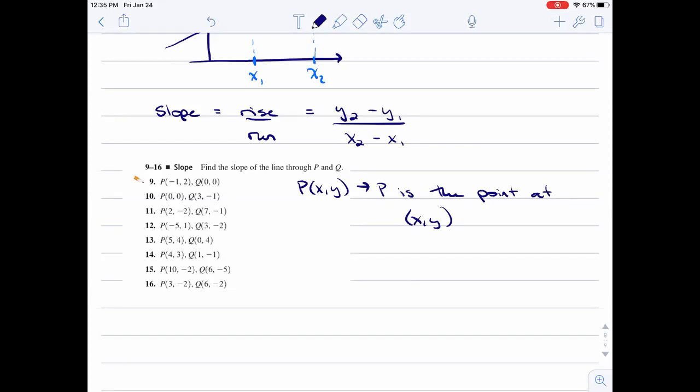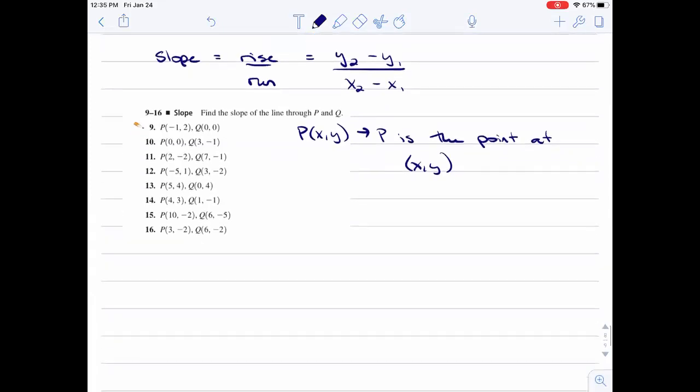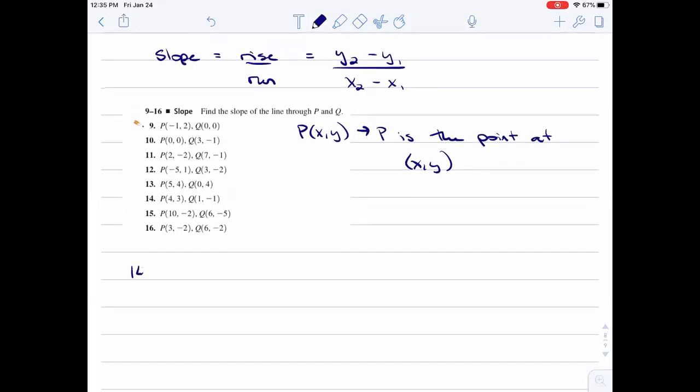But if we went for something like maybe number 14, where we've got P is 4, 3, and Q is 1, -1. Instead of mapping these out, I'm just going to call P, instead of 4, 3, I'm going to replace it with x1, y1. Q is going to be x2, y2.